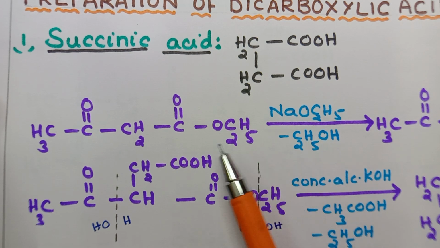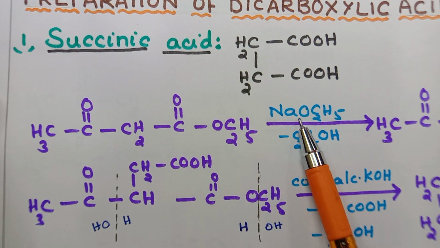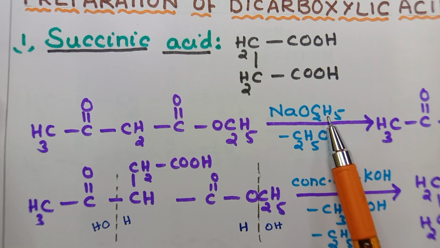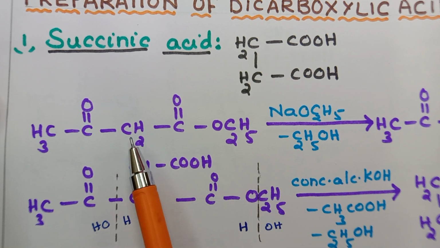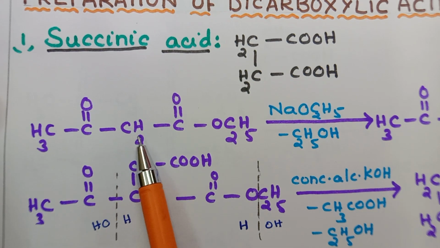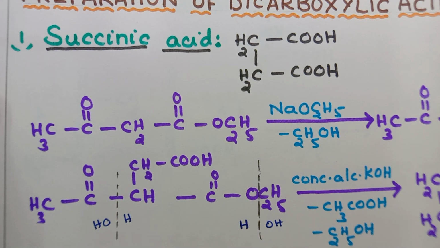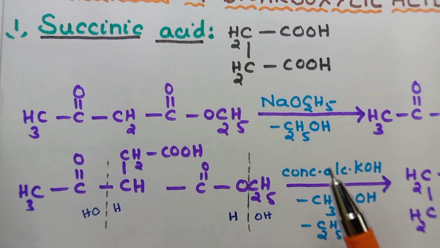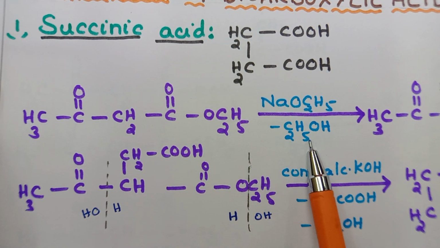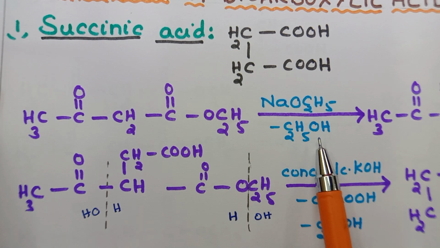When this is treated with sodium ethoxide, the OC2H5 minus, that is the ethoxide ion, takes up one of the hydrogens from the active methylene group. OC2H5 minus plus H plus gives C2H5OH, so minus C2H5OH, that means this comes out.